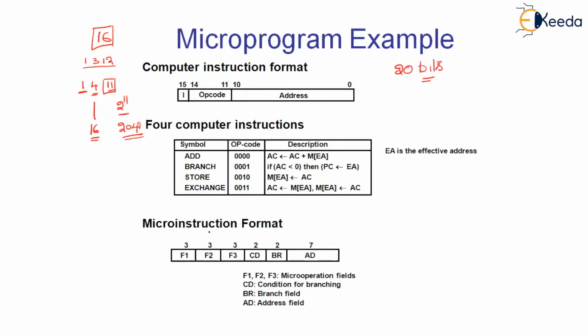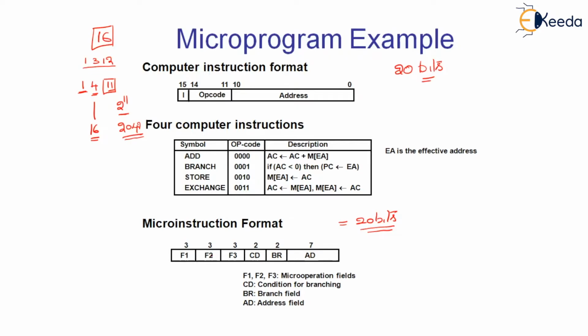Now, when it comes to the micro instruction format, you know that size of the micro instruction is 20 bits. Why? Because one word in the control memory is equal to 20 bits, and each word is going to accommodate one micro instruction. So, what is this micro instruction format? In what way this micro instruction is going to get divided? Let us have a look. These are the fields in micro instruction.